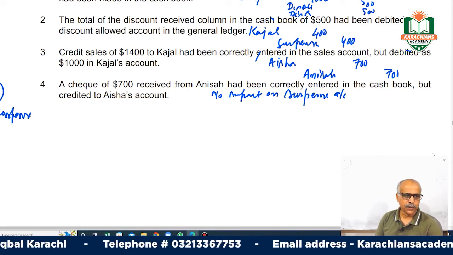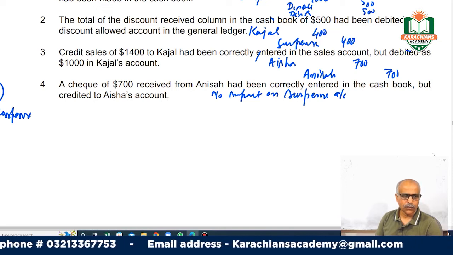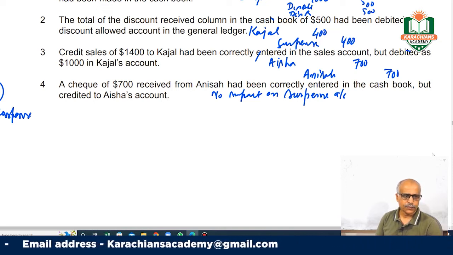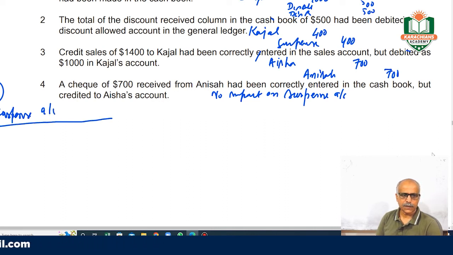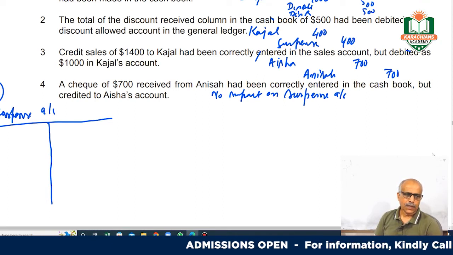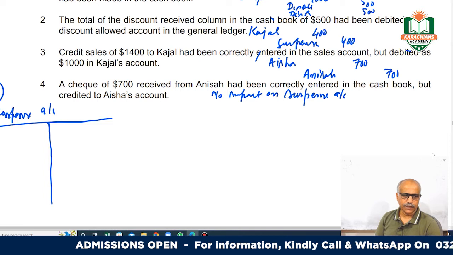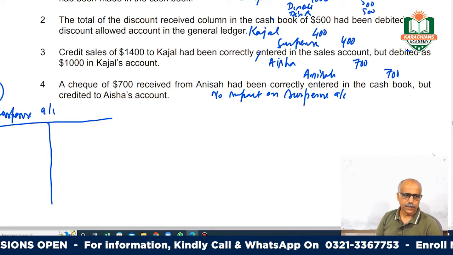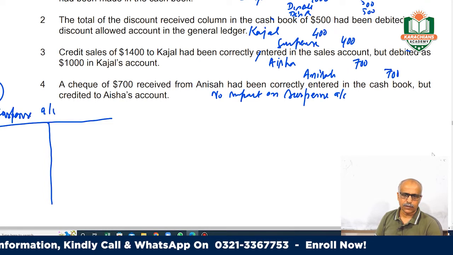This is requirement B of question 4, suspense account. You will have to make it with the columns date, particulars and amount.